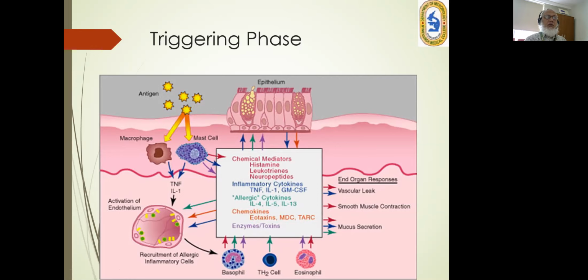These chemical mediators ultimately cause end organ responses like vascular leak, smooth muscle contraction, and mucus secretion, and all this will lead to signs and symptoms, either local or systemic. So this is the triggering phase. If the sensitized person is not exposed to the antigen again, there will be no signs or symptoms.